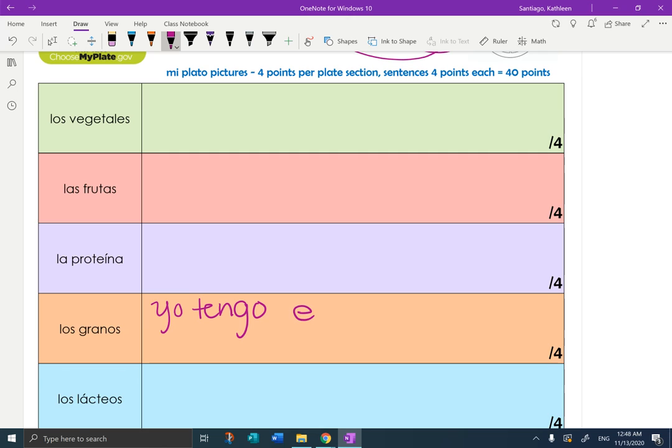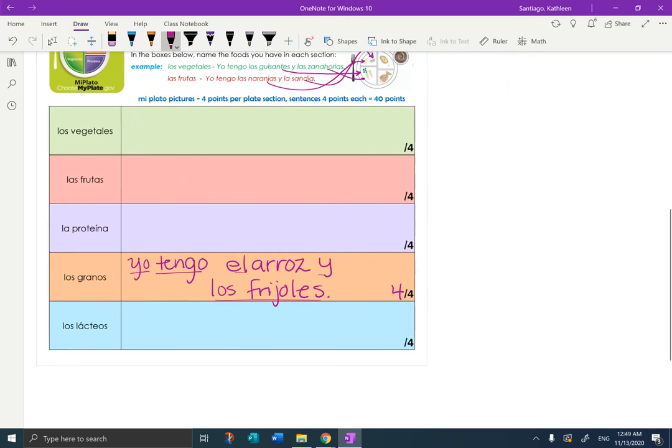Yo tengo el arroz. Y I'm going to add some beans to it. So I'm going to say y los frijoles. That's all you have to do. Whatever you have in the picture, say yo tengo. That is a 4-point sentence. It's got a good conjugation at the beginning, I have, and then it correctly names the items and they're spelled right. So you're going to go ahead and do that.